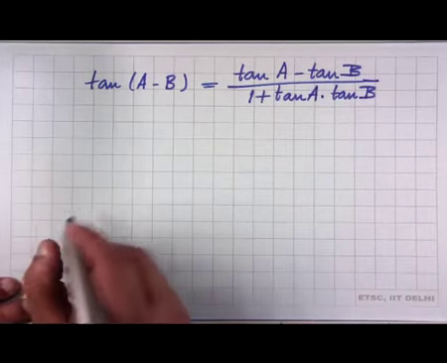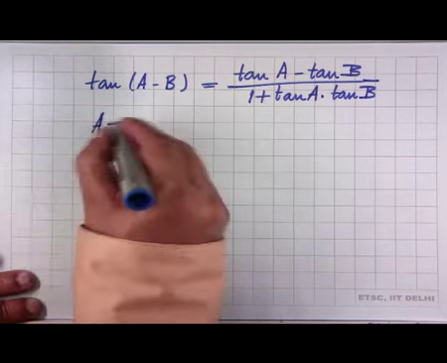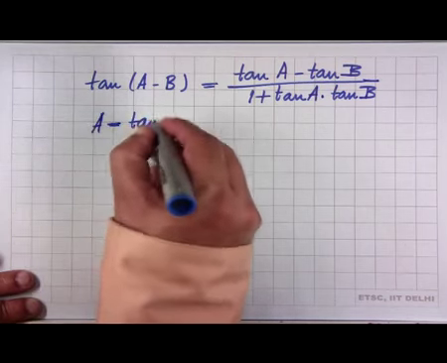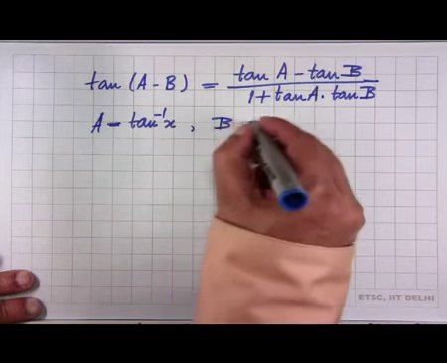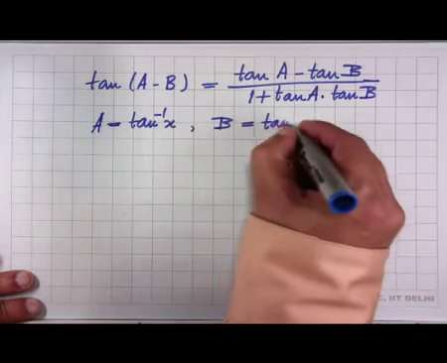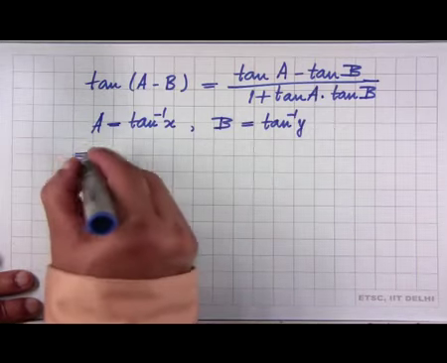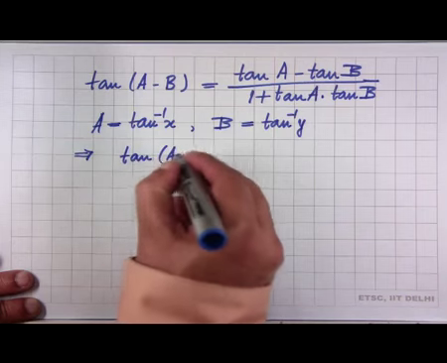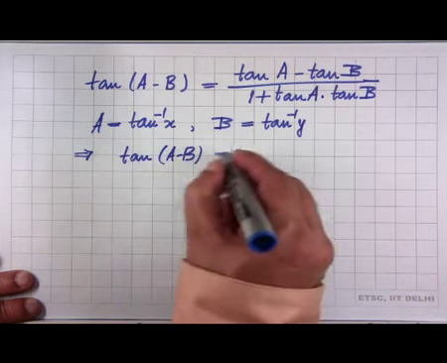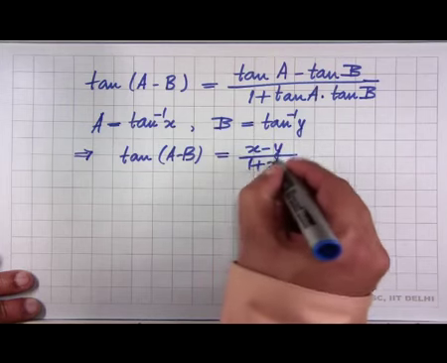And if you use this together with the fact that I had a as tan inverse x from my previous slide and b as tan inverse y, apply this to this particular pair of numbers, you will conclude that tan of a minus b is equal to x minus y over 1 plus xy.